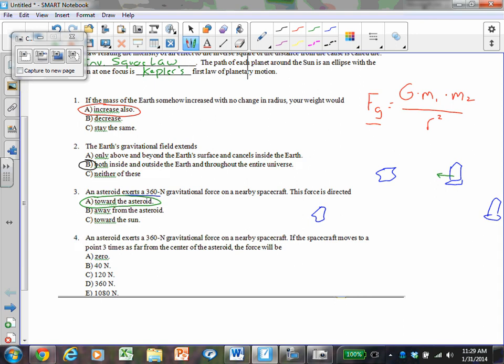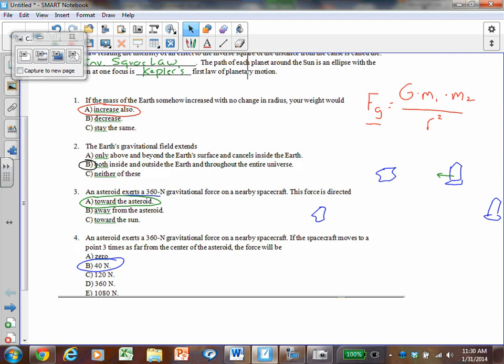Bigger or smaller? Smaller. How many times smaller? Not just 3, right? 3 what? 3 squared. 9 times smaller. What's 360 divided by 9? 40. Well, we know it's not 0, so you just pick B. Because I never have had anything C, D, and E. That's actually not true, I just made that up. Because these are all A and B.